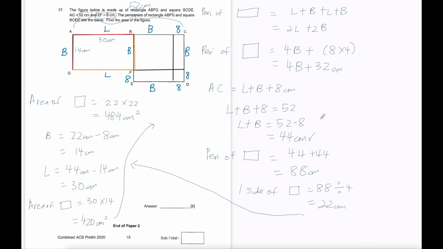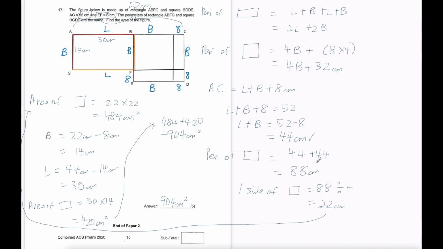I'm going to erase this part. Adding it together gives me 904 cm square. And that's it. After this 22 cm, you're supposed to go to this step. Congrats, and I'll see you in the next paper.